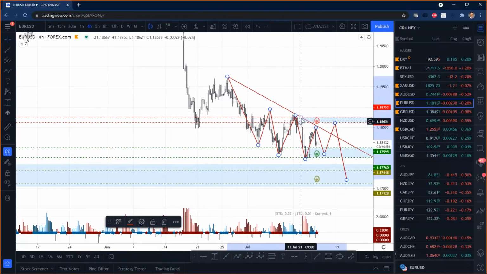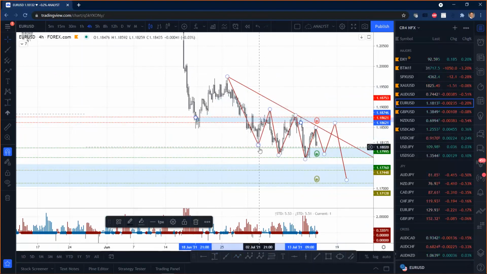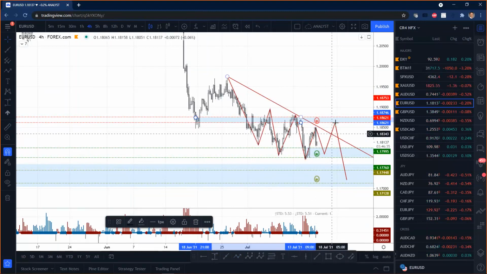So even if you look at this prior low that was broken by this move here, it came back to retest it, came back down, retested again, came back down, tried to retest it again, but then we could see buyers come in. If it doesn't make it through, then we could see a break here, right?